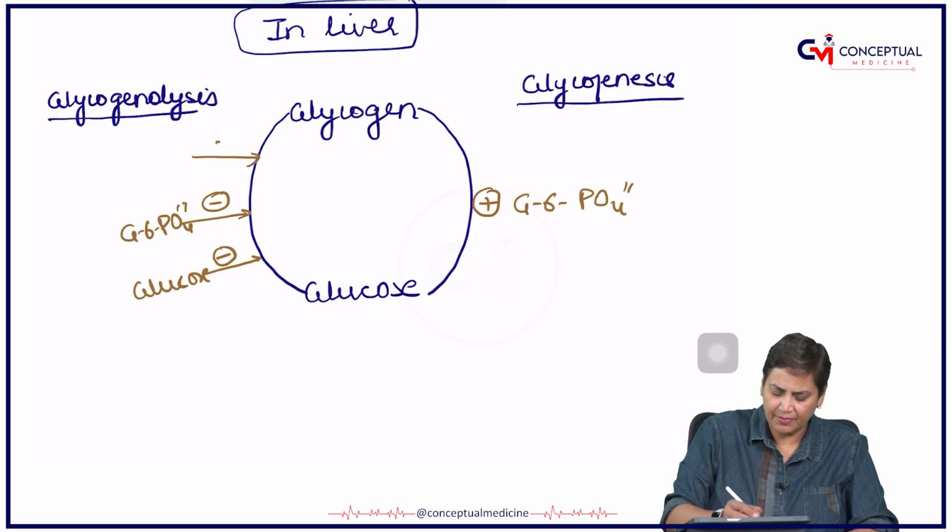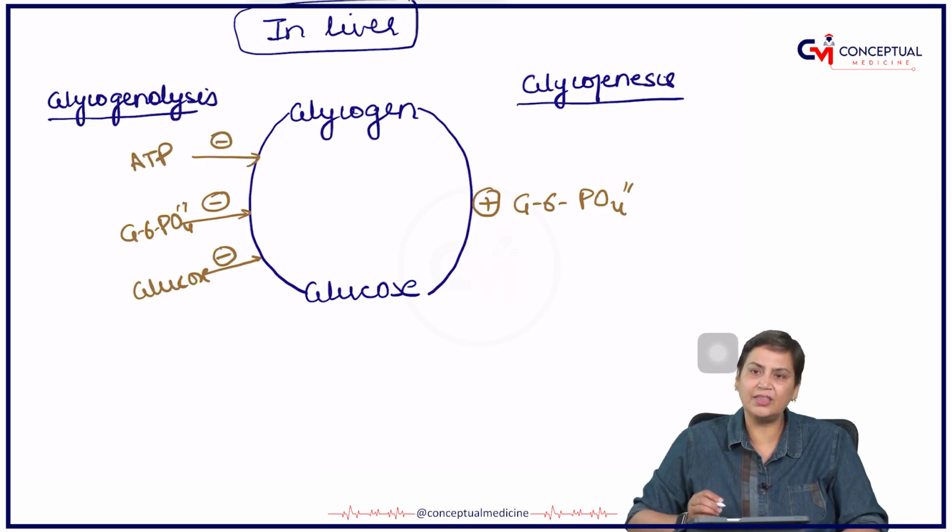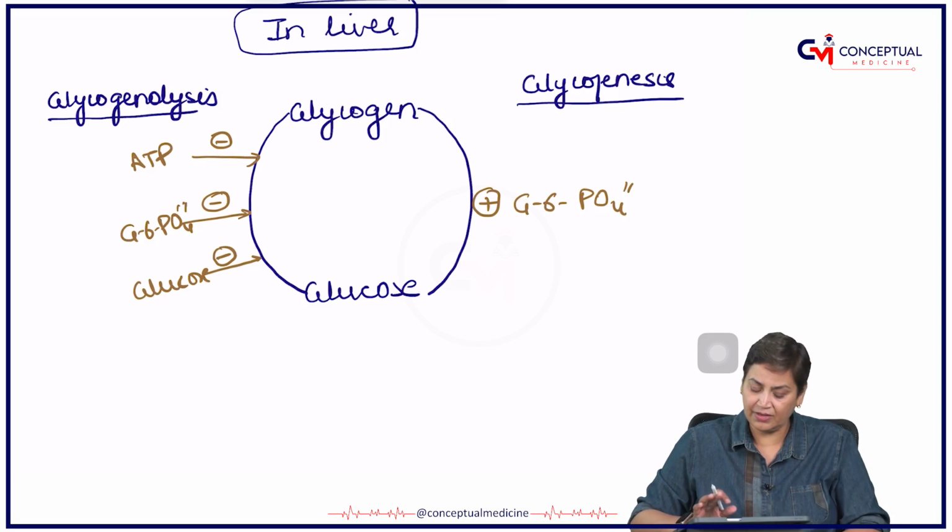It is inhibited by ATP. Right. So obviously we know that whenever we have to synthesize, glucose 6-phosphate will accelerate it. But whenever the concentration of glucose 6-phosphate increases, it will inhibit. Moreover, glucose itself will inhibit because the body requires glycogen now. So there is no question of breakdown of this. So this is occurring in the liver.